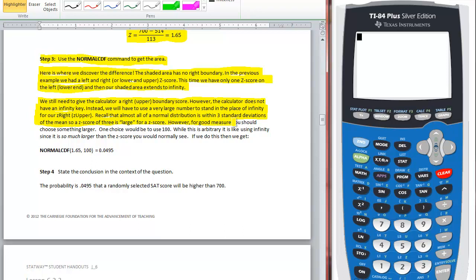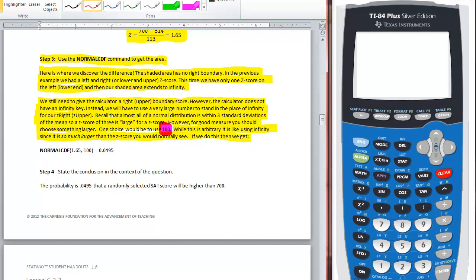However, for good measure, you should choose something much larger. One choice would be to use, and here is the key, 100. While this is arbitrary, it is like using infinity since it is so much larger than a z-score you would normally see, and if we do this, then we get some good conclusions.